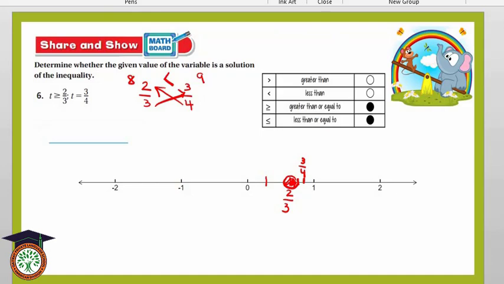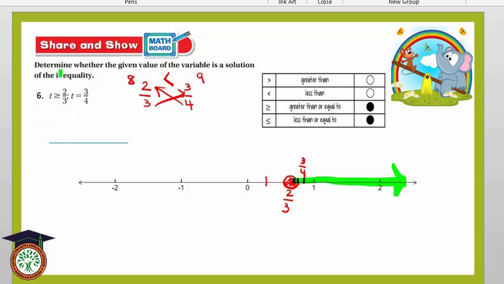Okay, I didn't shade my number line. It says that t is greater than or equal to 2/3. So I'm going to shade to the right. Okay, does 3/4 lie on my shaded part?